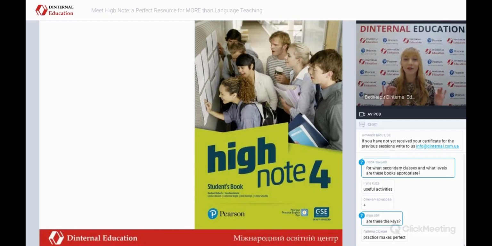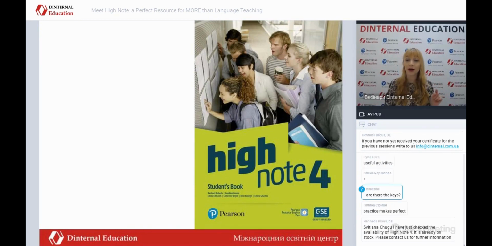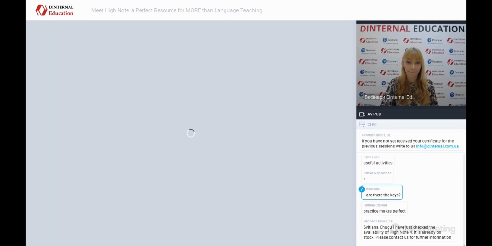You will be the first to see what's inside High Note 4. And just a quick reminder, this level, High Note 4, is B2 slash full B2 plus. So it is really a little bit higher than your usual level 4. If you compare it to some other book, it's a little bit more. You will now see why.